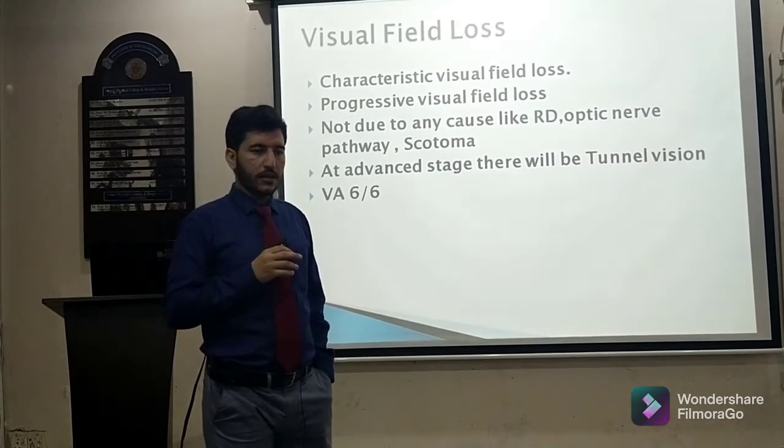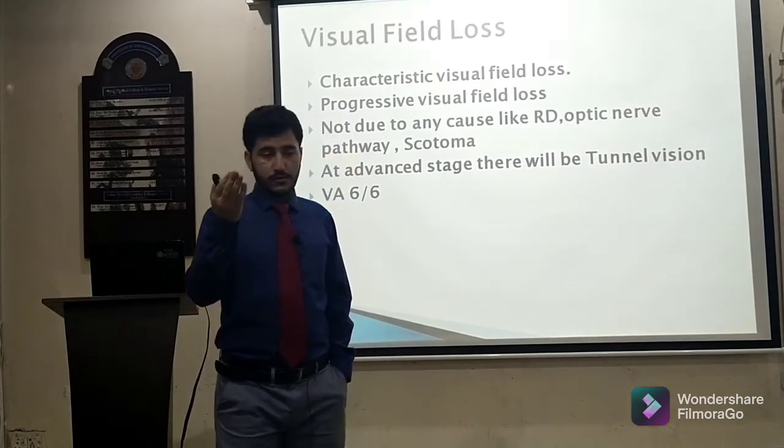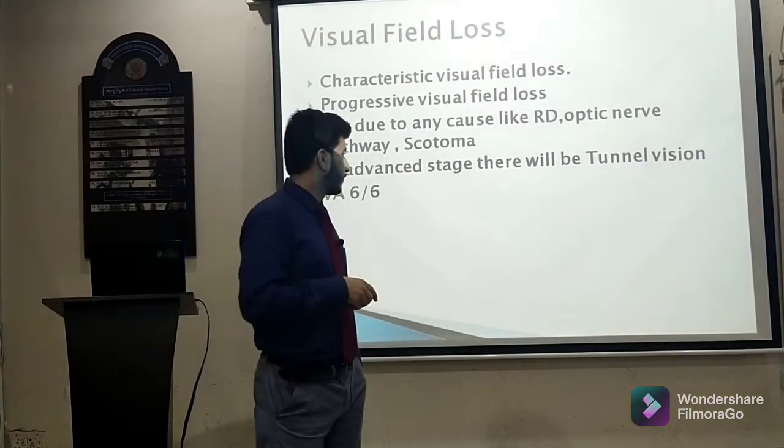Normally, if we measure the visual acuity, that is central vision, he will have 6/6 vision, but his peripheral visual field will be lost.